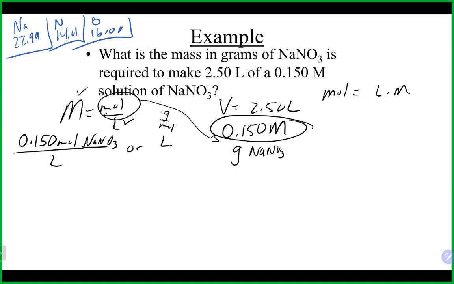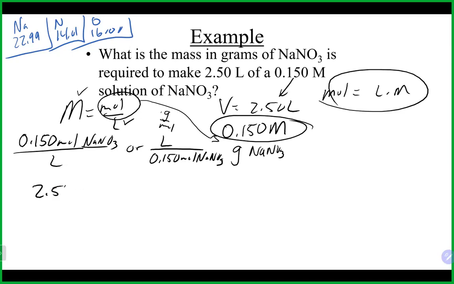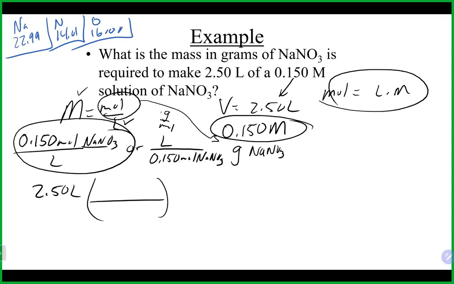We could also flip it around, put the liters on top and the moles on the bottom. So just by doing this, it takes away this rearranging and making sure you did it right or not. I could just use my volume here. And all I have to remember is opposites cancel.